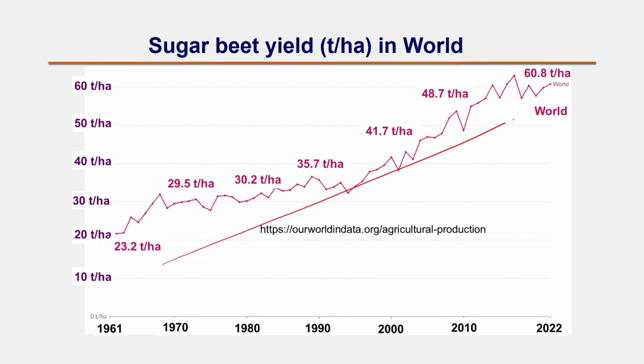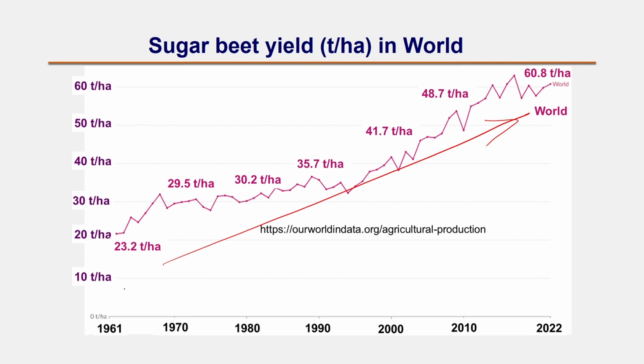Now coming to sugar beet productivity or yield in tons per hectare. It is quite interesting that if we see, it has an almost linear trend, meaning the sugar beet yield or productivity is continuously and slowly increasing in the world.